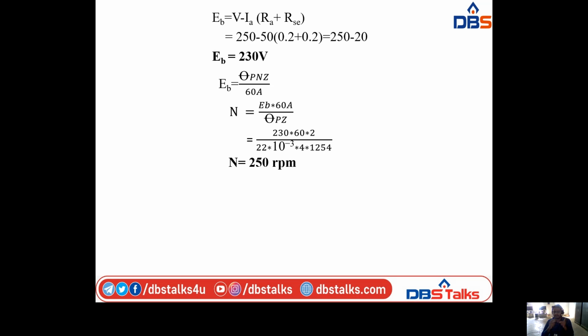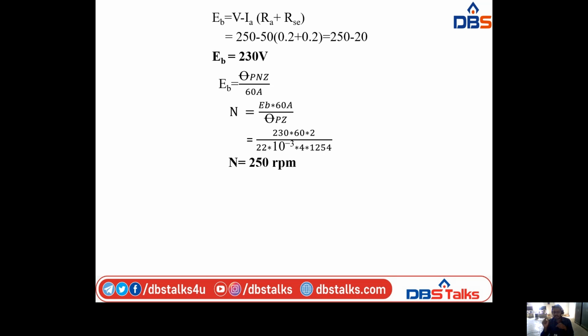Next we find the speed of the DC series motor. For that I am taking the back EMF formula, similar to the DC generator: generated EMF EB is equal to PNZ by 60A. From this equation, N is equal to EB into 60A by PZ. Previously I calculated the back EMF value, that is 230, into 60 into A. It is a wave connected armature, that means A is equal to 2.